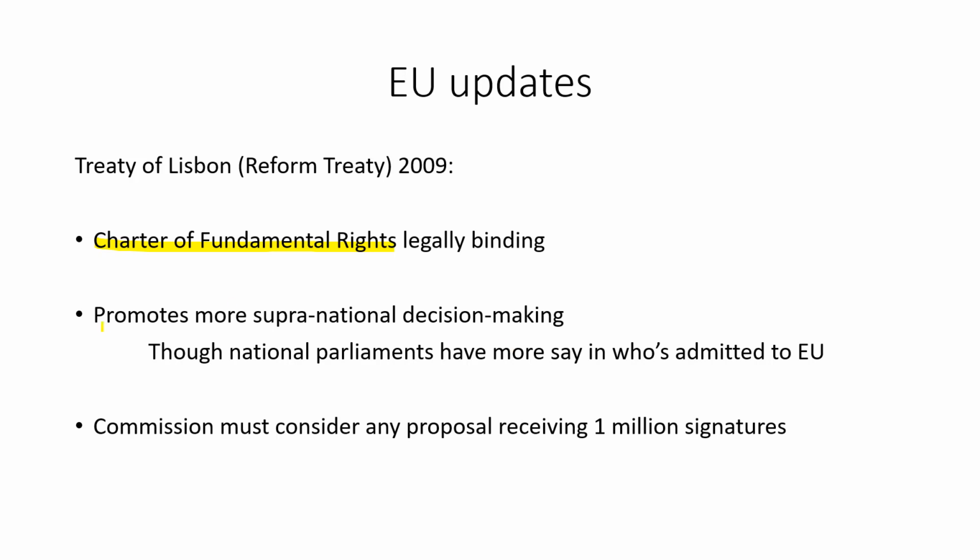They also tried to promote a little bit more of this supranational decision making, but at the same time, the national parliaments of each individual state will have a little bit more to say as to who's admitted to the EU. And then more of an initiative or a direct democracy kind of approach, which is also trying to improve that democratic deficit that we talked about.